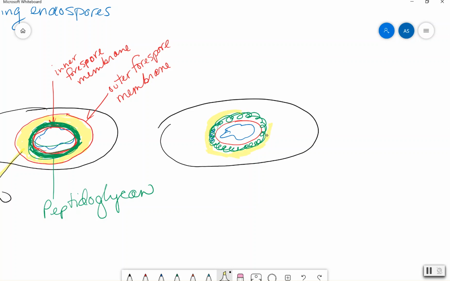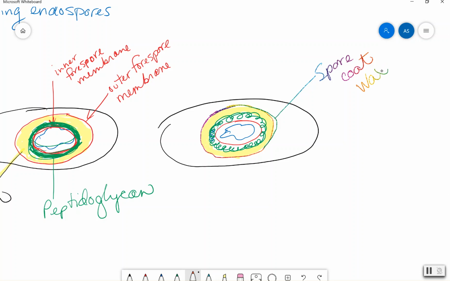Now the outer forespore membrane is going to accumulate a lot of wax. So the outer forespore membrane now becomes the spore coat. And it's very, very waxy. And this again contributes to the ability of the cell to resist desiccation.